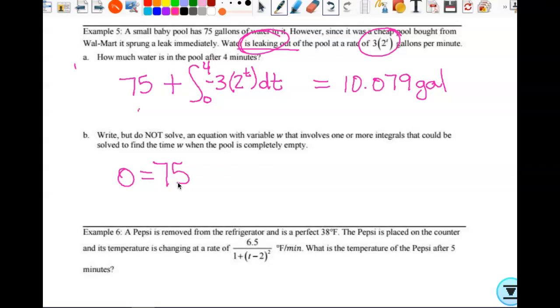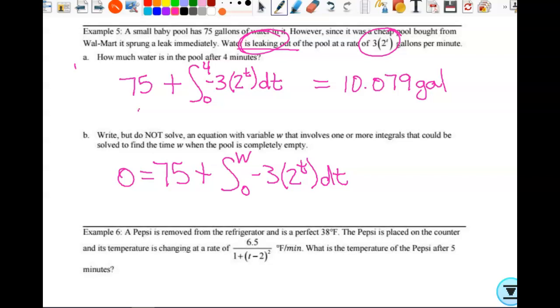well, depending on where you put it, you can put the minus here or here. Once all this water's leaked out, we have 10 gallons left, right? I want to know when I have 0 left. If this is my 0 here, it's still going to be 75 plus the integral of this negative 3 times 2 to the t dt, starting at 0 and going to w, whatever that time is.